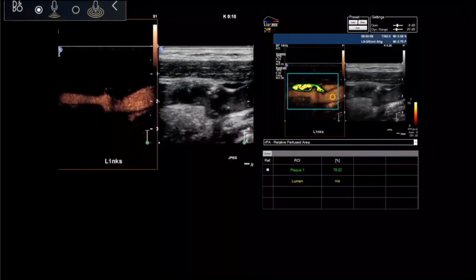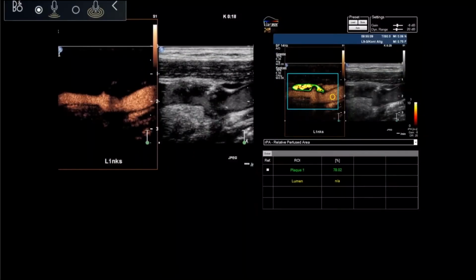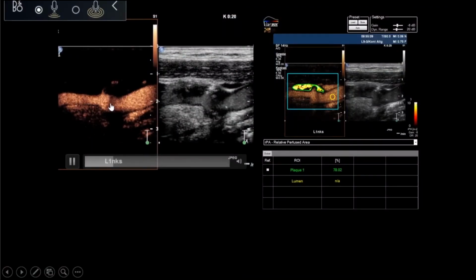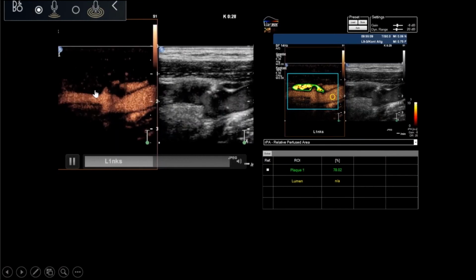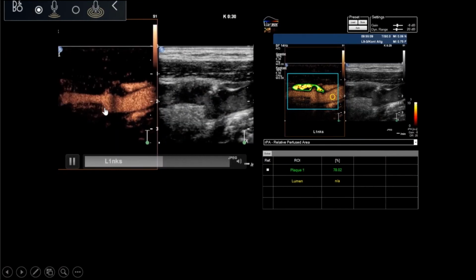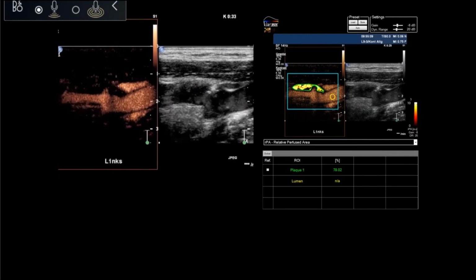If you now give the contrast-enhanced ultrasound, you see that there is an alteration in this stenosis. You also see some vascularization within the plaque. If you wait, they are coming a little bit later.